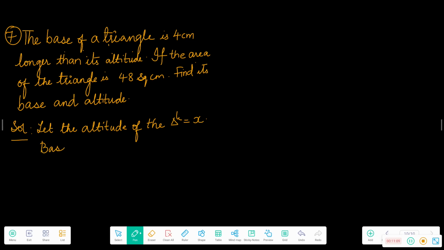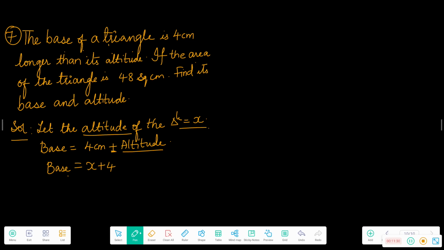Then base is 4 centimeters more than altitude. 4 centimeters more means we need to put a plus sign. So base is x plus 4 and altitude we have taken as x.